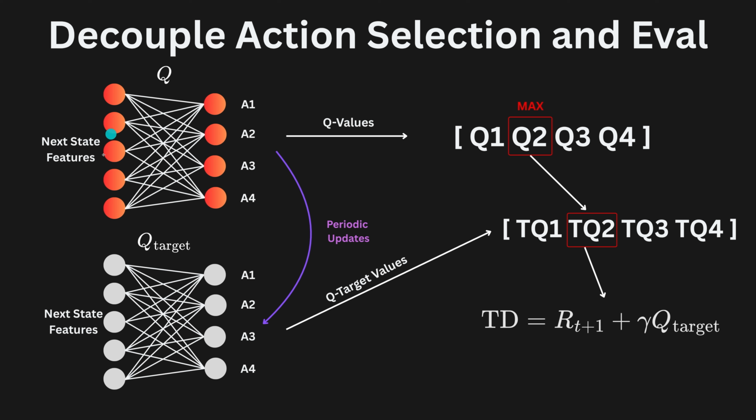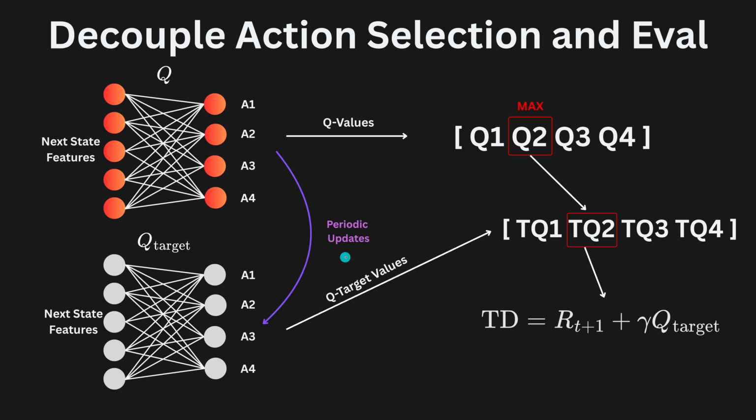I know this model is better, so I can use it here. But I can't actually use its Q value, because that would lead to the same moving target problem from earlier. So this is the action that my Q model says is the best action to take, and then I index my Q target's Q value for that exact same index. So that's the main idea.